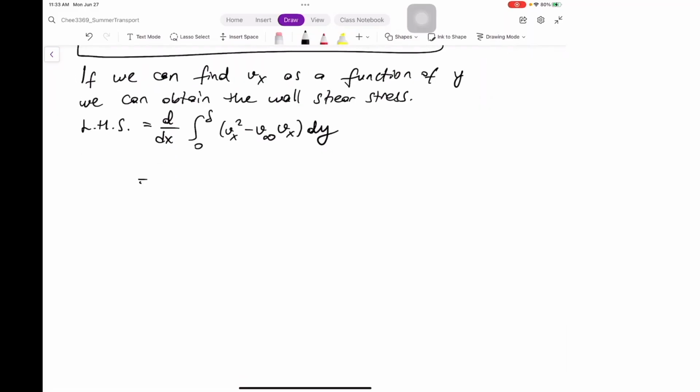And that's equal to, you can take the common prefactor of vx, vx minus v infinity dy.